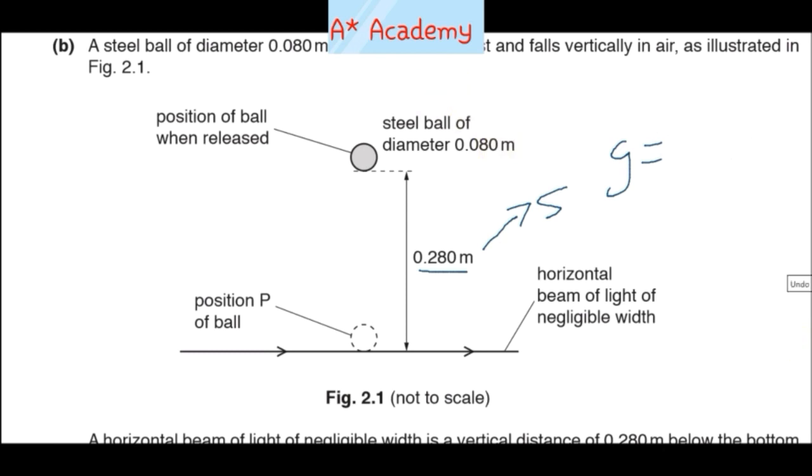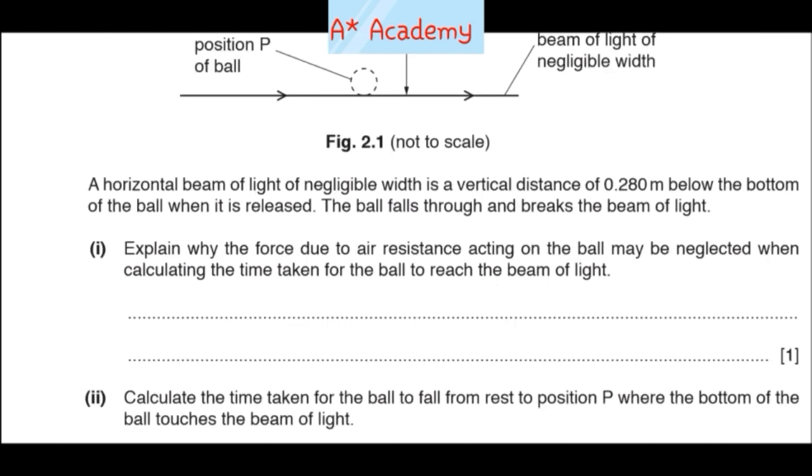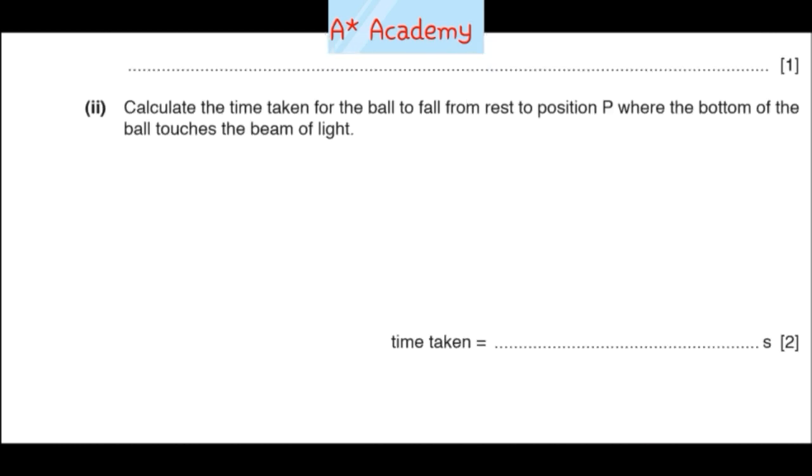Right, how do we calculate the time? We just find the appropriate equation of motion to use. The appropriate equation of motion in this case would be s is equal to ut plus half at squared.